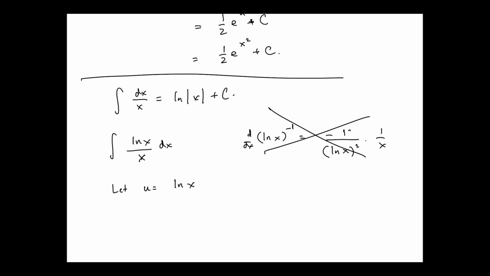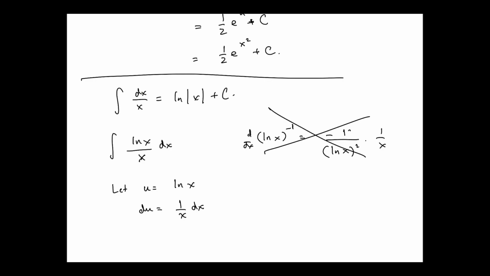So letting u equal x is never a good idea. Okay. So if that's u, what's du? What's the derivative of this? Yeah. So the derivative of log x is 1 over x, and therefore the differential is that just times dx.